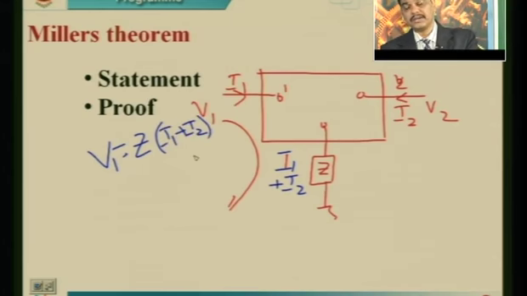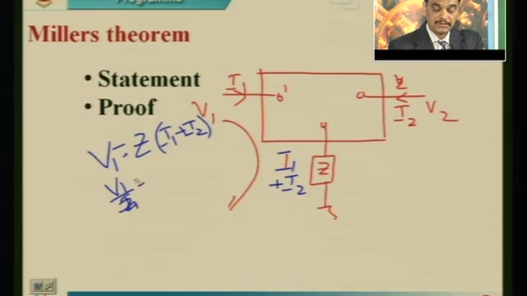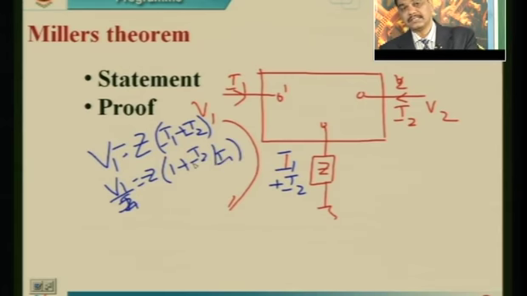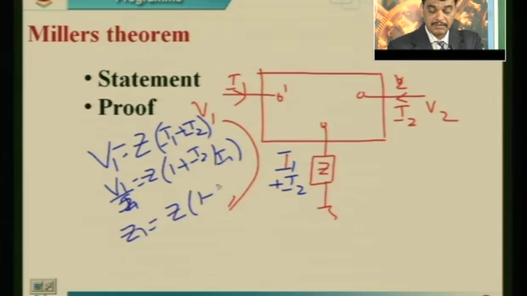Dividing by I1, V1 by I1 is equal to Z into 1 plus I2 by I1, where I2 by I1 is the negative of the current gain. Therefore, Z1 is equal to Z into 1 minus Ai, where Ai is equal to minus I2 by I1.